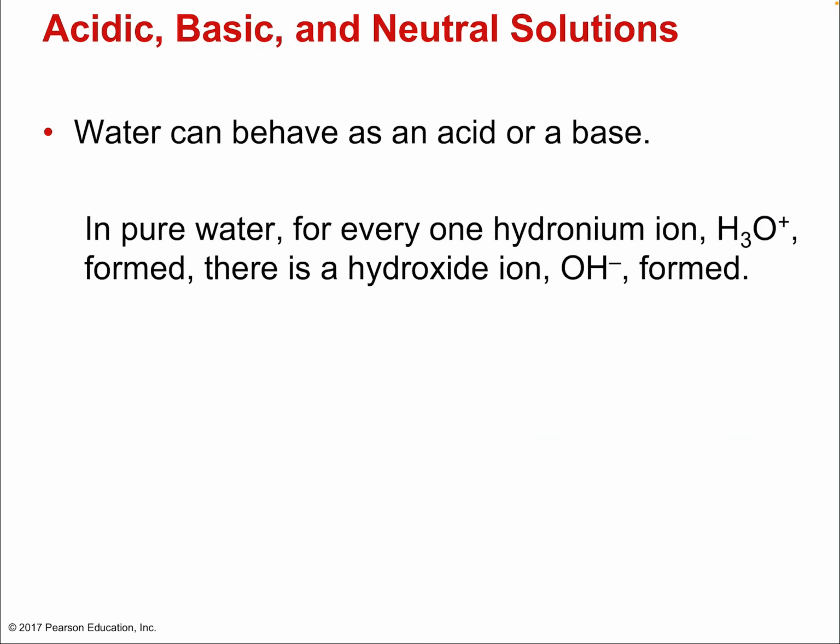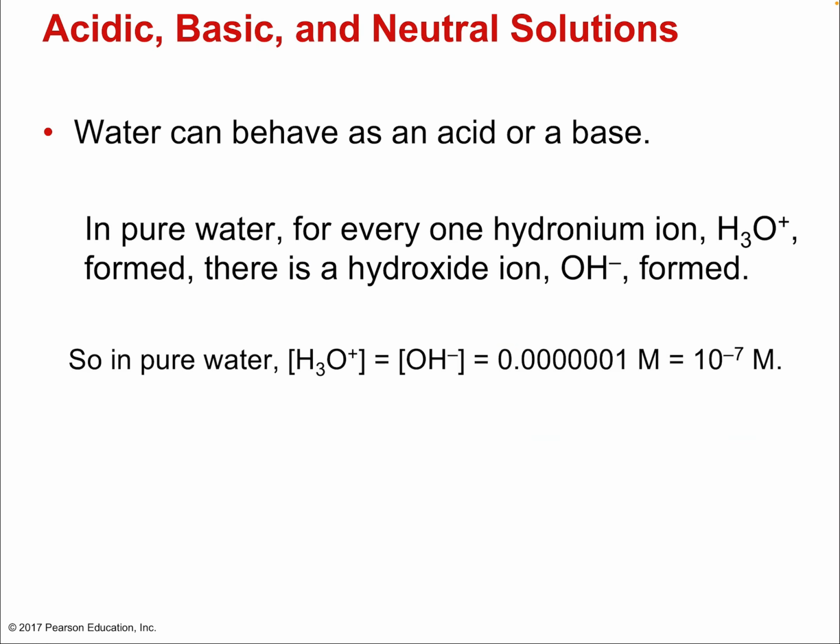In pure water, for every one hydronium ion formed, there's always a hydroxide ion. There always has to be an equal amount of hydronium and hydroxide. The fact that they're equal is great because it means they're balanced, and that's going to take us to the pH scale and that idea of having a neutral pH.